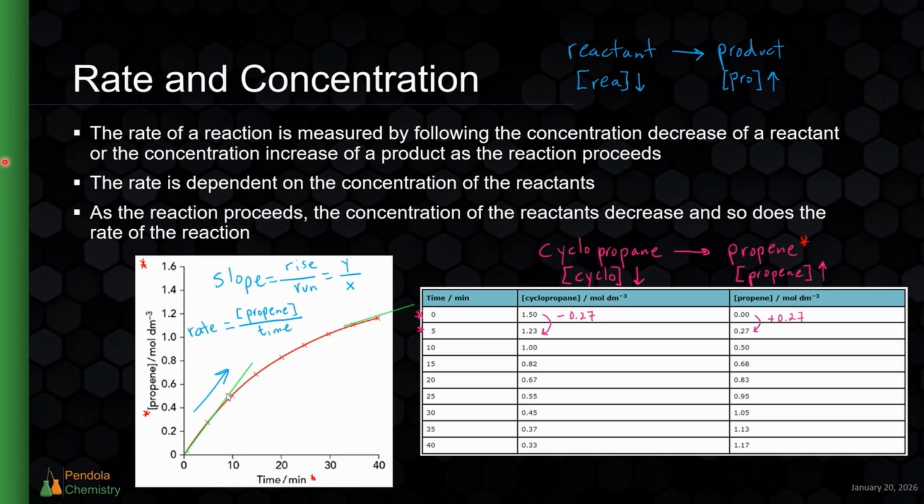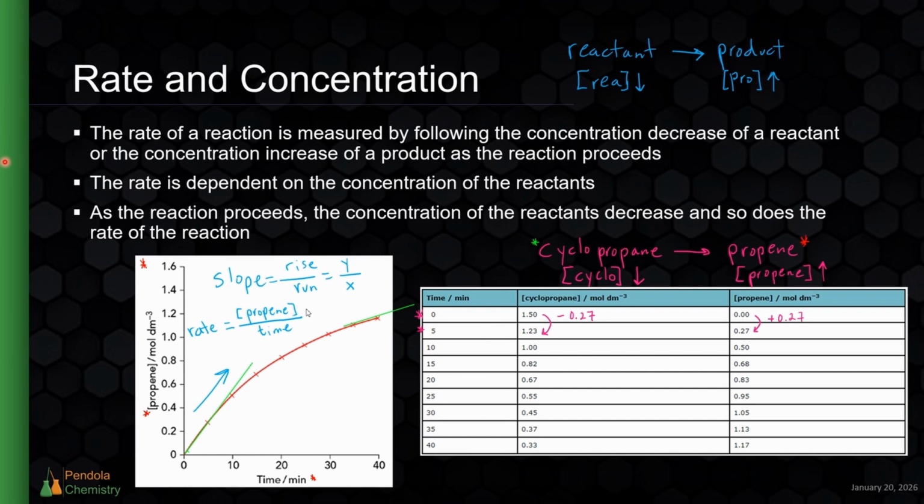And that's because as the reaction proceeds, the rate of the reaction slows down. Why does the rate slow down? Because the concentration of the reactant decreases and rate is dependent on the concentration of the reactant.